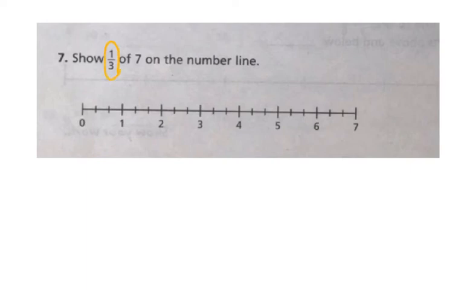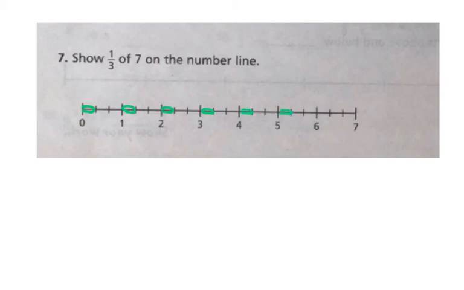It's broken up into thirds because we can see there's 1/3, 2/3, and then 3/3 would be 1. In order to show 1/3 of 7, you're going to need to circle 1/3 of each of those 7. We have 1/3 here, we have 1/3 here. 1/3 in each of these 7 pieces.